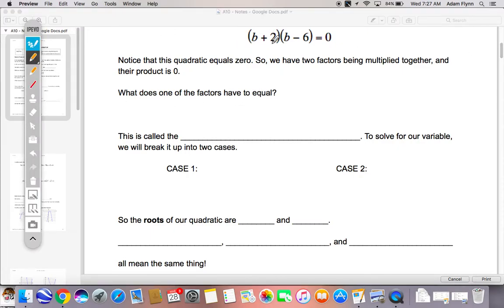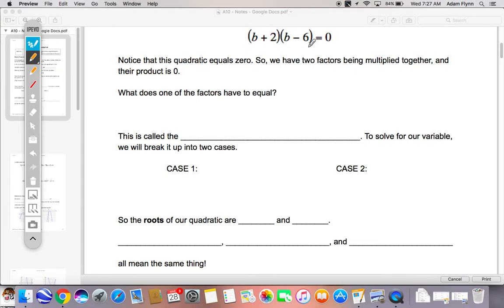Okay, so we have b plus 2 times b minus 6, and we set it equal to 0. So notice that this quadratic equals 0. So we have two factors, one being b plus 2 and the other being b minus 6, being multiplied together, and their product is 0.